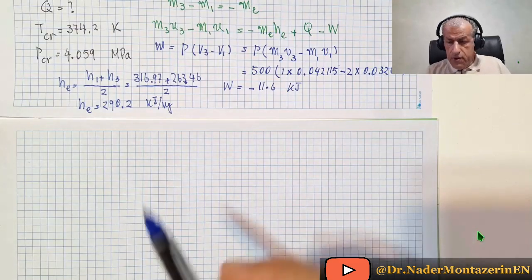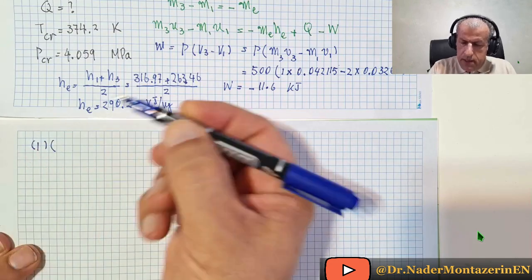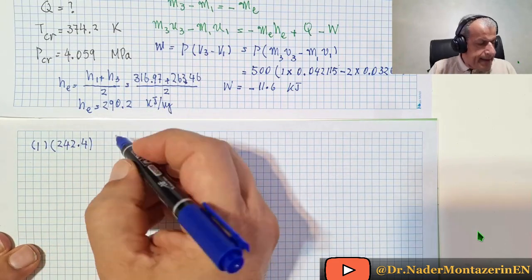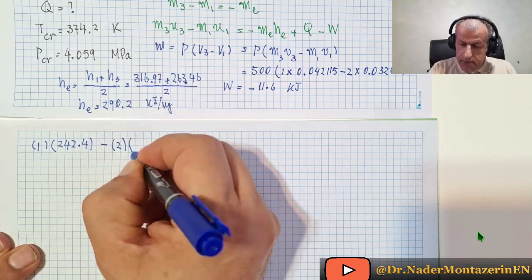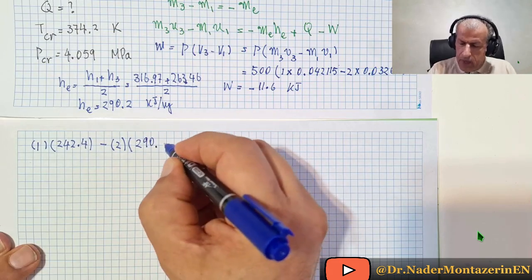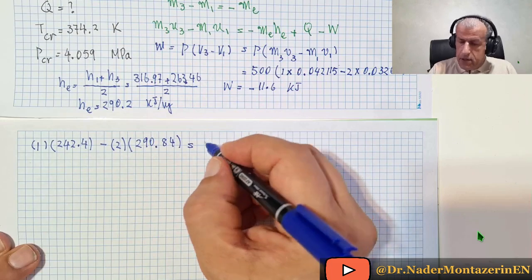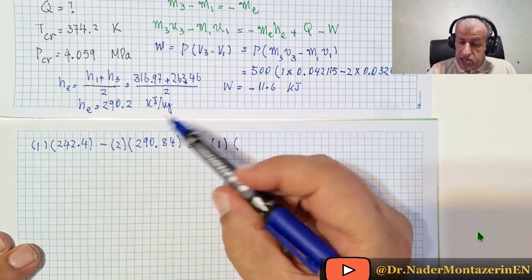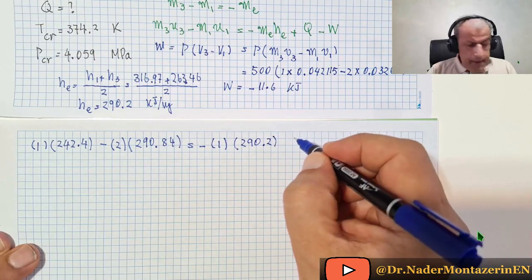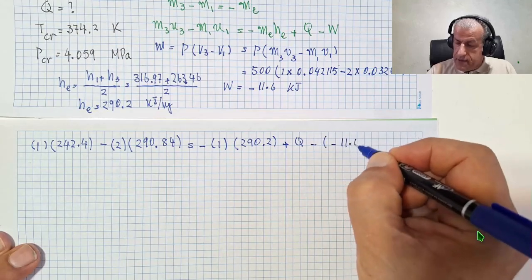Finally, putting numbers to this equation would be M3, which is 1 kilogram, times U3, which is 242.4, and minus M1, which was 2 kilograms, and U1, which was 290.84, and that equals ME, the mass that has left the control volume, which is 1, times HE, which is the average enthalpy, and that is 290.2, plus Q, and minus W, which is minus 11.6.